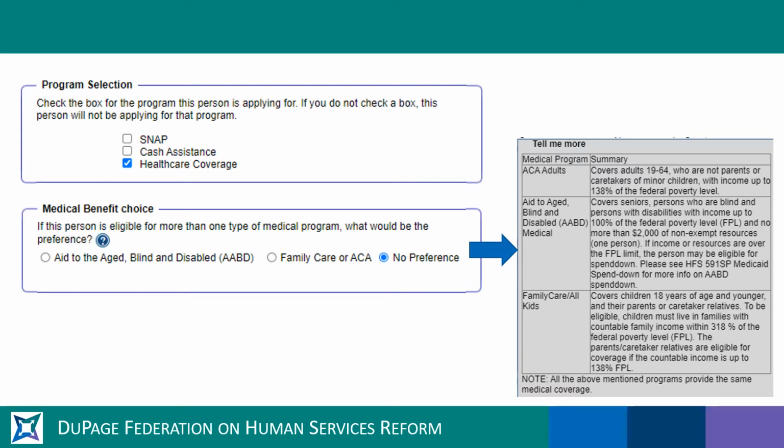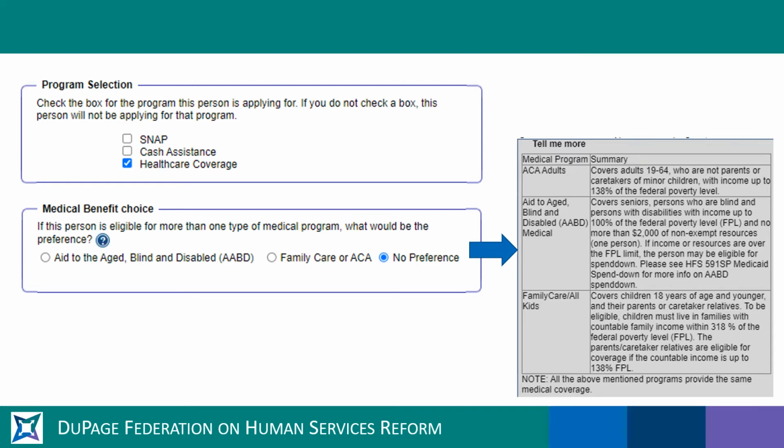If you're interested in more information about that, we can give you some more resources. Many applicants may just choose no preference for this section, but they do have the right to choose which medical program. The reason is there are different rules for income counting, whether it's an AABD or ACA application, and it is a federal requirement that the state gives this population a choice in what program they're applying for.